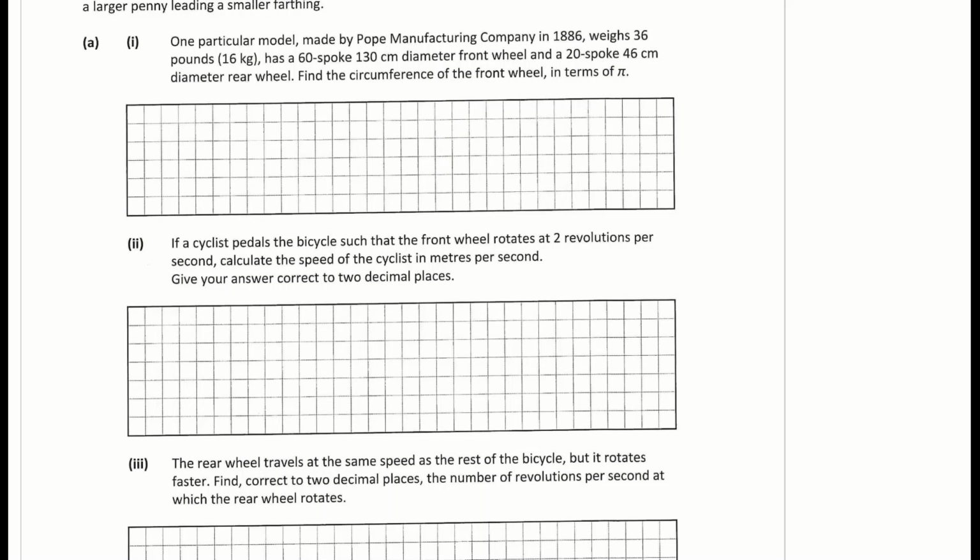So it tells us here that the front wheel has a diameter of 130 centimeters, so that means it has a radius of 65 centimeters. So we'll just divide 130 by 2 to get the radius, which is 65 centimeters.